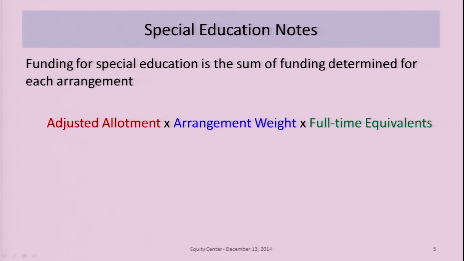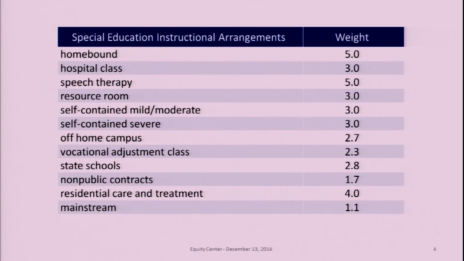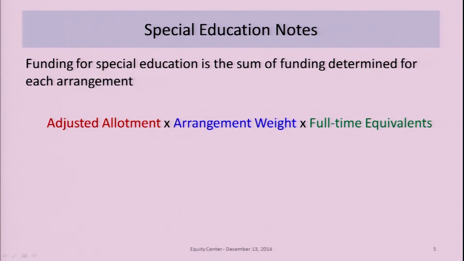Now the formula is the same as what we've seen in the earlier sessions. The adjusted allotment times the arrangement weight, which you can see right there. Here are the weights for each of those areas, times the full-time equivalents, the FTEs, of kids that are in that particular instructional arrangement.